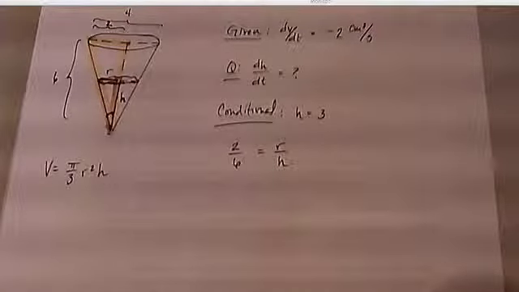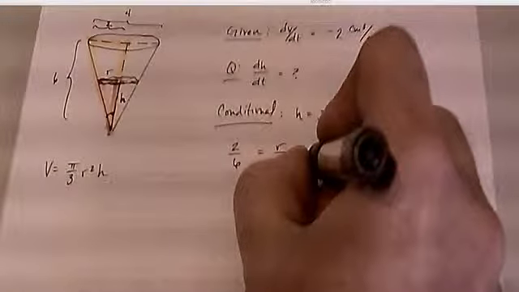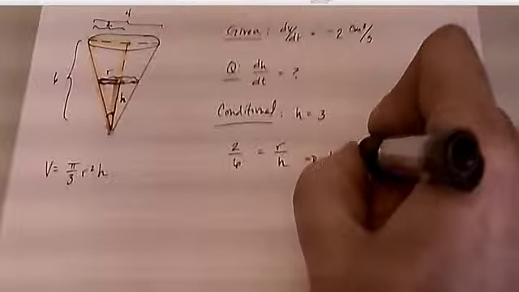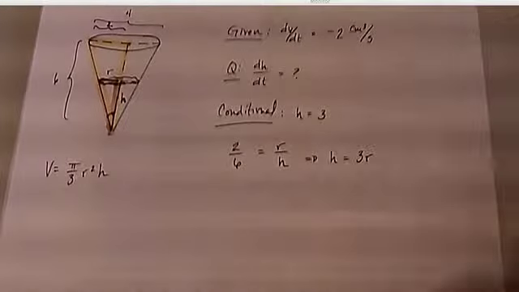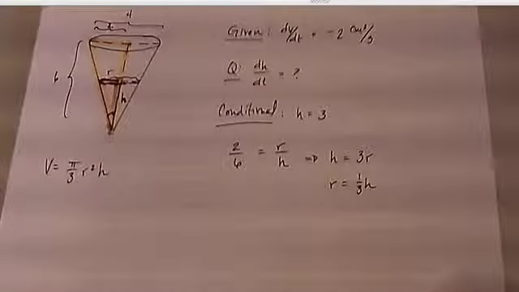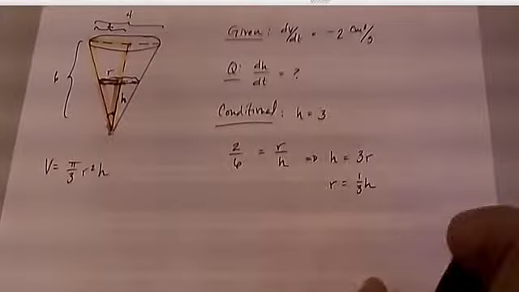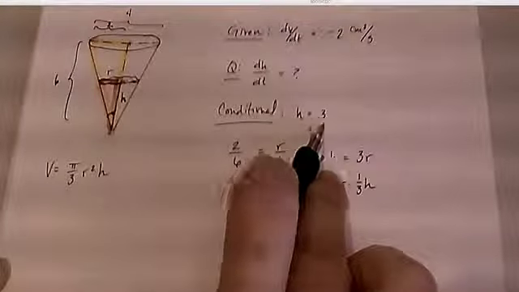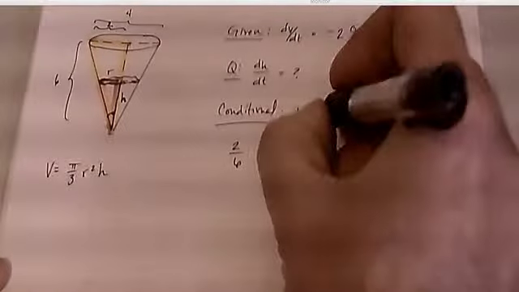Does that make sense? Okay? And therefore, h is equal to 3r, or r is equal to 1/3 h. Okay? H is 3 times r. Now, that's really kind of neat, because if h is r times 3, then I have a piece of implied conditional information right here.